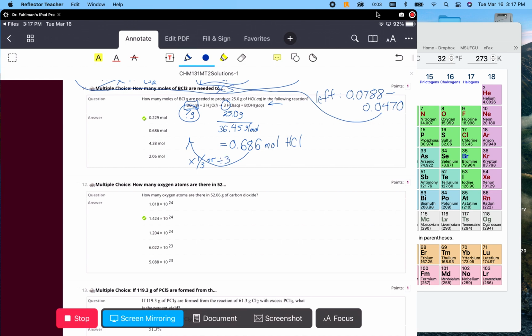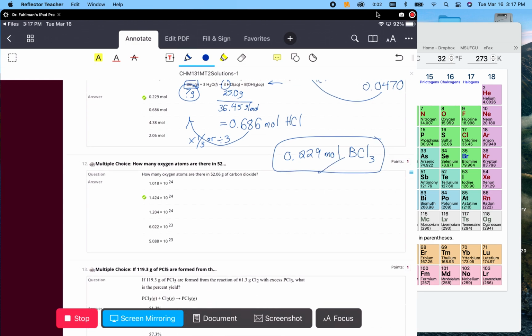Okay, so you get the same answer either way. So that gives us then 0.229 moles of BCl3, after we divided the moles of HCl by 3. And so now, oh, I guess that's it. It's not even asking for grams, so that is the answer.